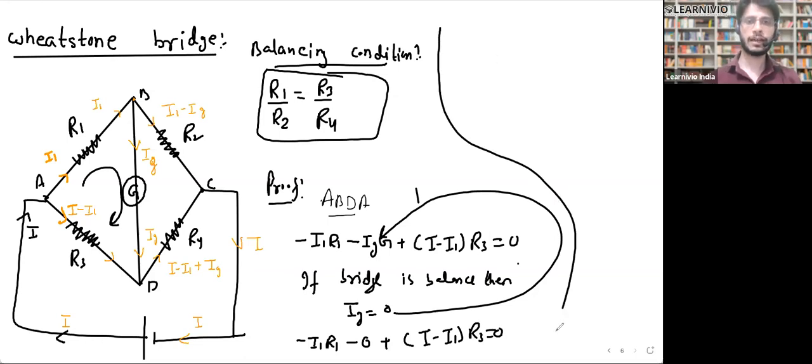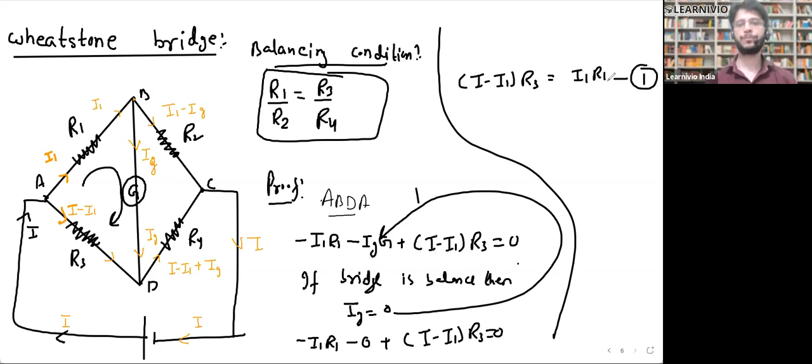So you can write this as I minus I1 into R3 is equal to I1 R1. That's first equation. Is it clear? Fatma? Shahzada? Yes, sir. Bridge is balanced. That simply means IG is 0. No current is passing through this fifth resistor.